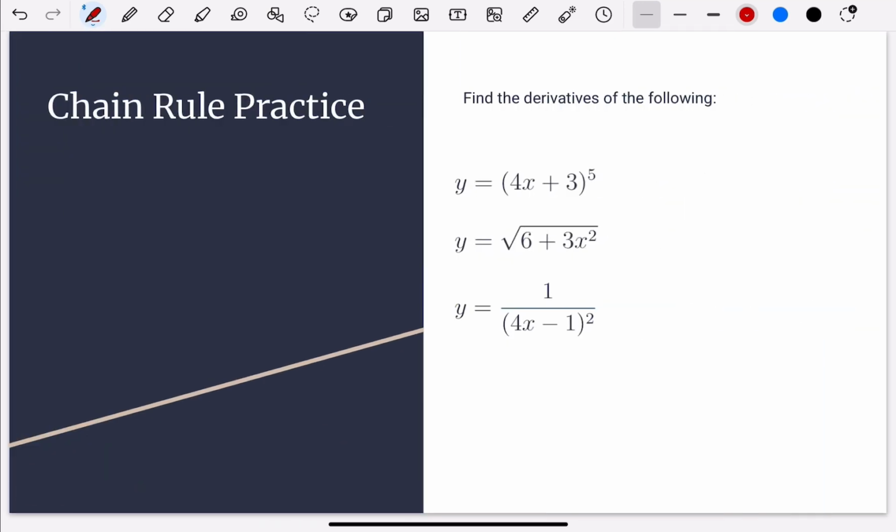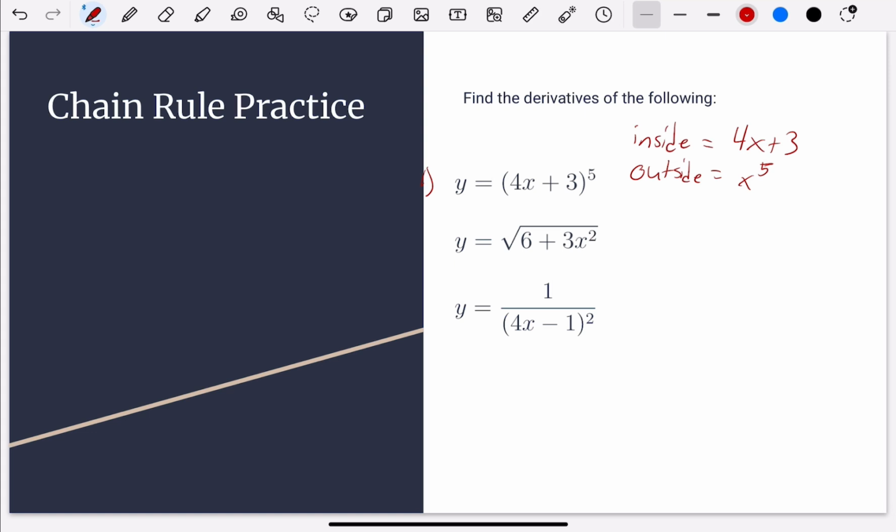So for the first one here, we have y equals 4x plus 3 to the 5th. What I would advise you to do, just to help yourself out, is break this apart and denote what your inside and outside function is. So my inside is 4x plus 3. My outside is just x to the 5th, because I just have the variable being raised to the 5th power.